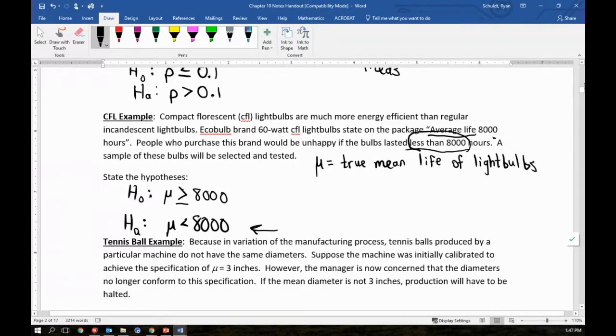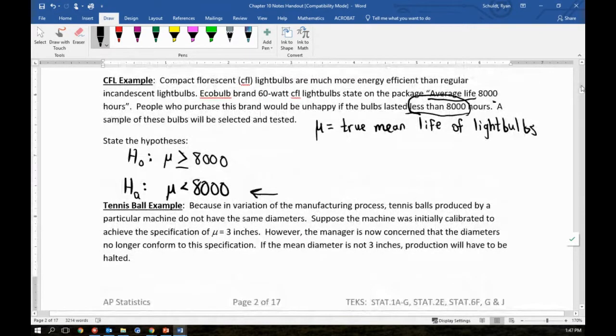Okay, so what population characteristic am I dealing with? Mean. So let's say mu equals the true mean diameter of the tennis balls.